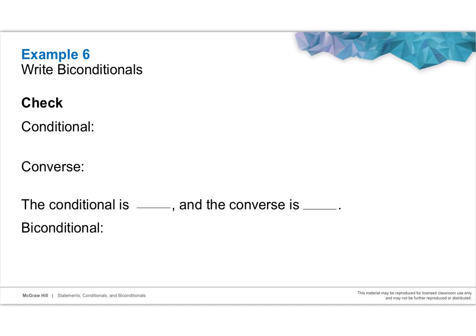We could start off by saying that if a triangle is isosceles, then it has at least two congruent sides.